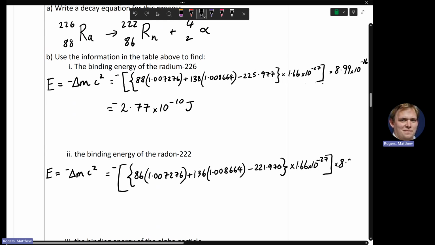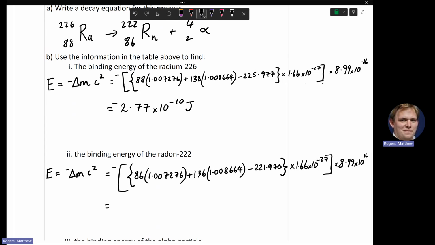I need to multiply by c squared, 8.99 times 10 to the 16. So again, that's 86 lots of 1.007276 plus 136 lots of 1.008664. Take away 221.970. That gives us a delta M in units of U of 1.83, inside the curly brackets.